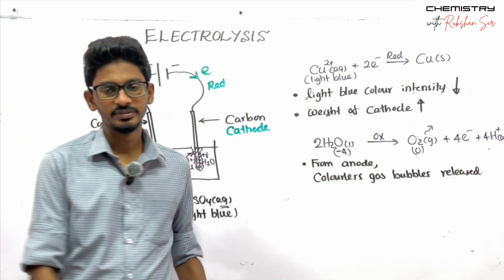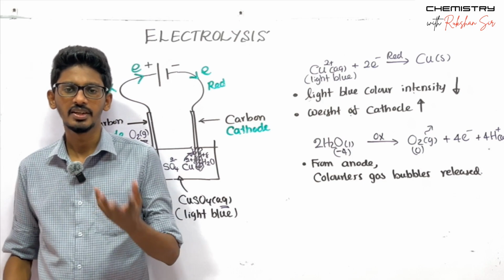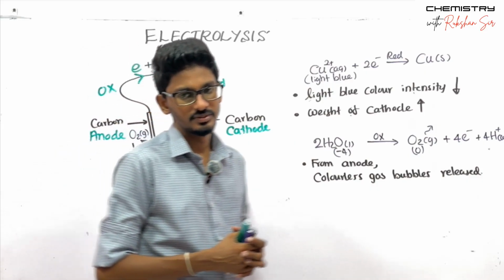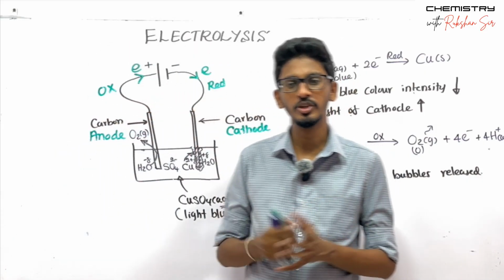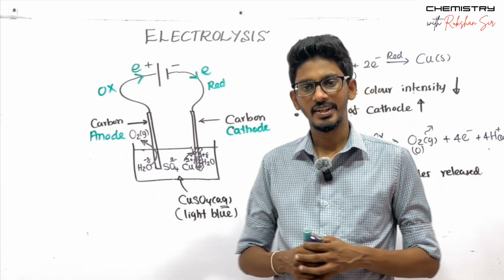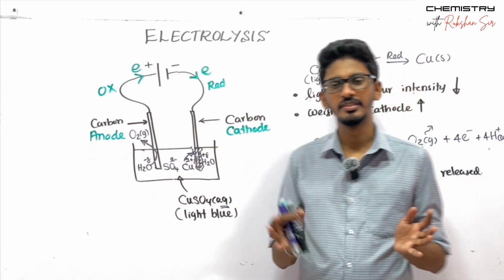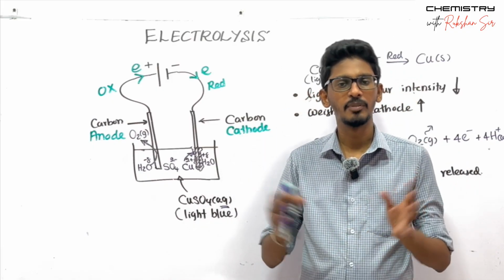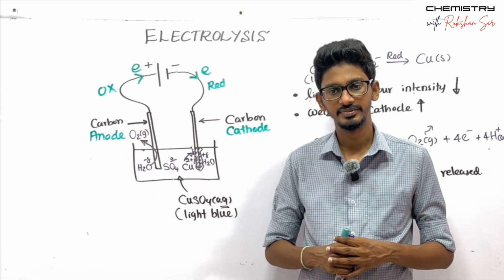So with this, you can get my idea of what I have used to introduce the electrolysis process. What I have told you is that electrolysis is the lysis, the breaking of compounds with the use of electricity.